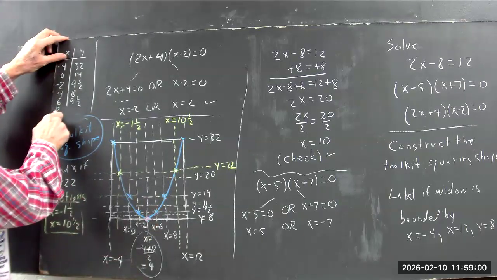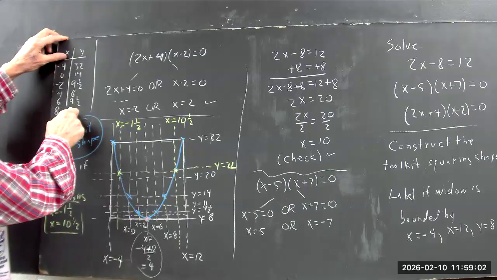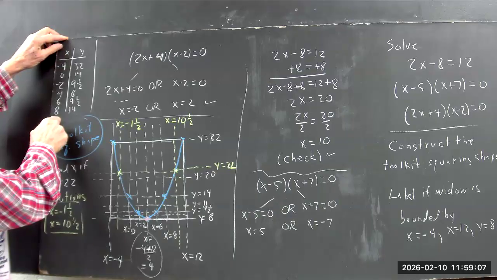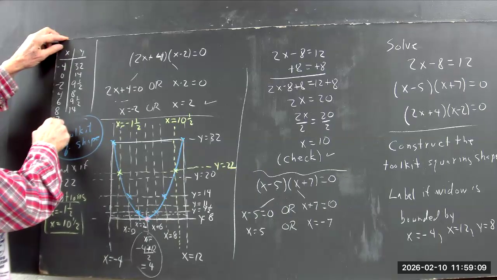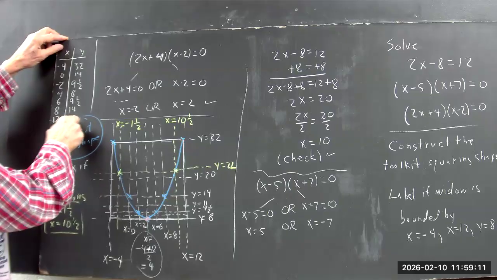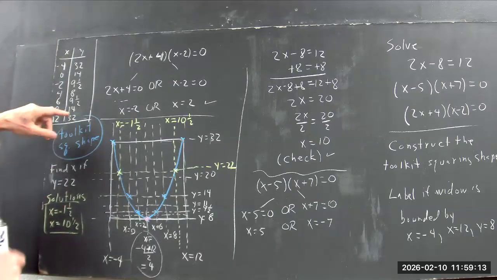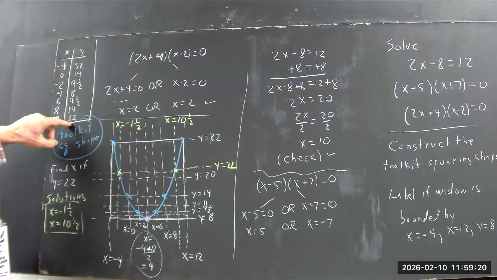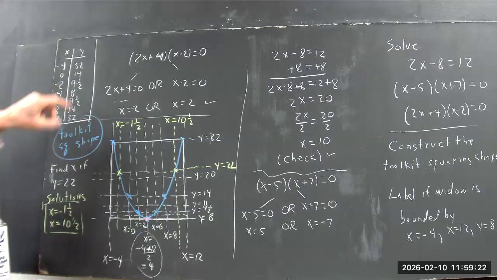Here where x equals 8 and y equals 14. And then we have x equals 12, y equals 32. Sorry, I left that point out. Again, now what we're saying, we got 32, 14, 9.5, 8. If we go here, we got 32, 14, 9.5, 8.